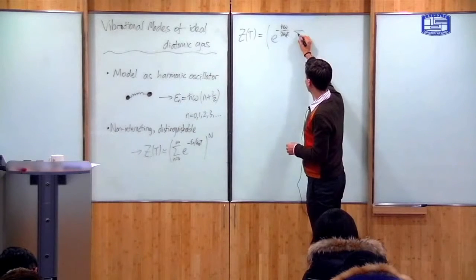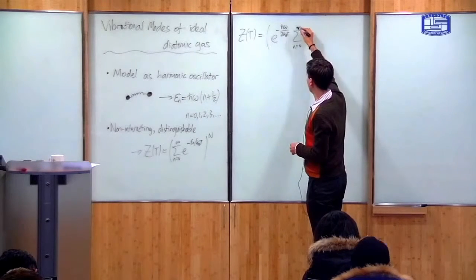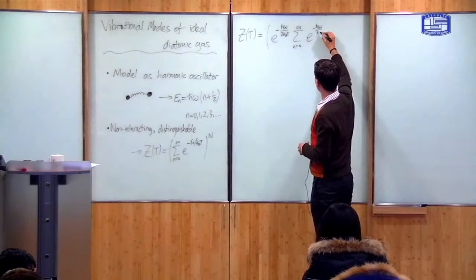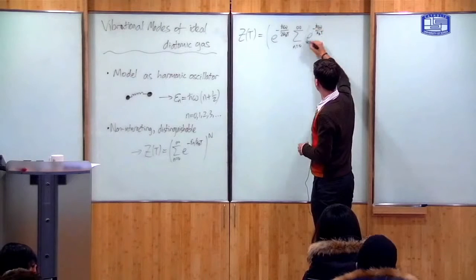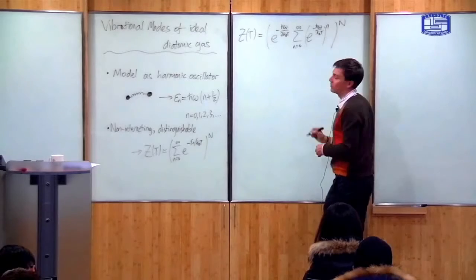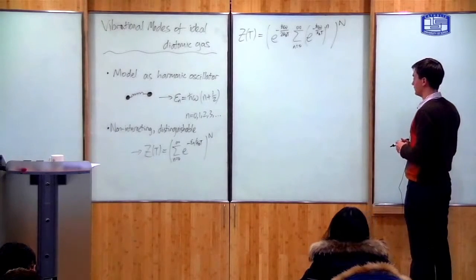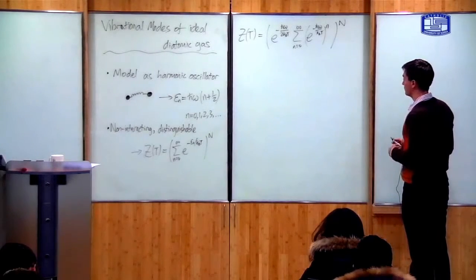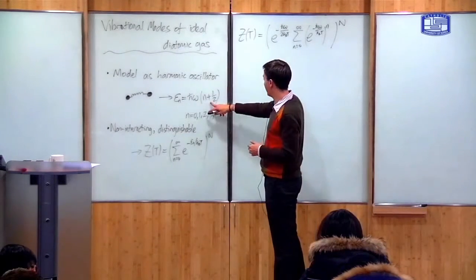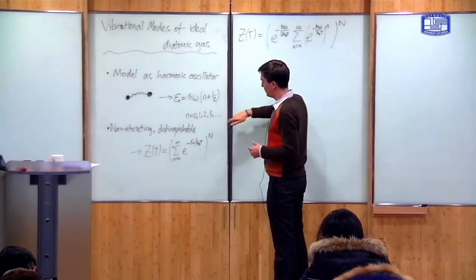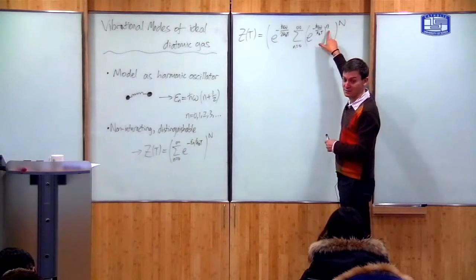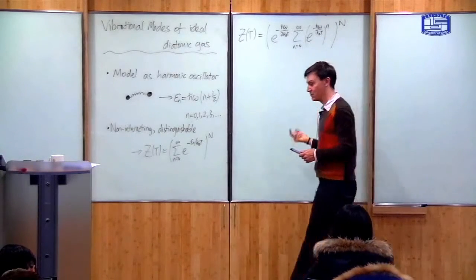And I get the sum, n goes from 0 to infinity, and I've got e to the minus h bar omega over kBT to the power n. All I've done in this sum is the factor of a half comes out because it doesn't depend upon n. The sum upon n looks like something to the power of n. And then this is a geometrical sum, so we know the result.